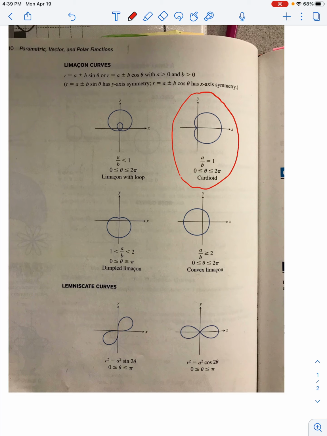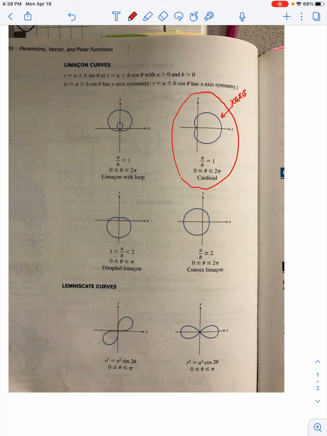Notice that this cardioid is in the form of, and it tells you up here, r equals a plus or minus b times the sine of theta, or r equals a plus or minus b times the cosine of theta. It tells you if it's sine theta, it has y-axis symmetry, and if it's cosine theta, it has x-axis symmetry.